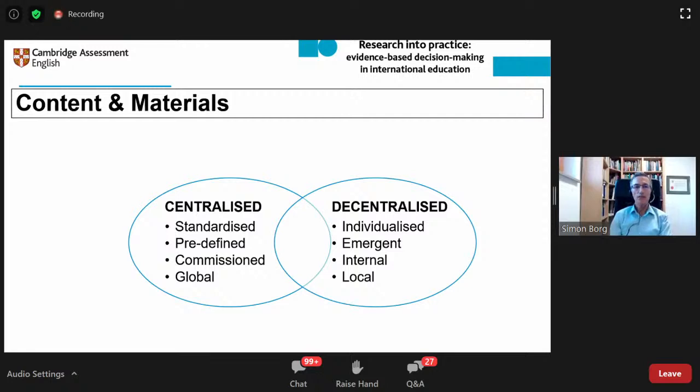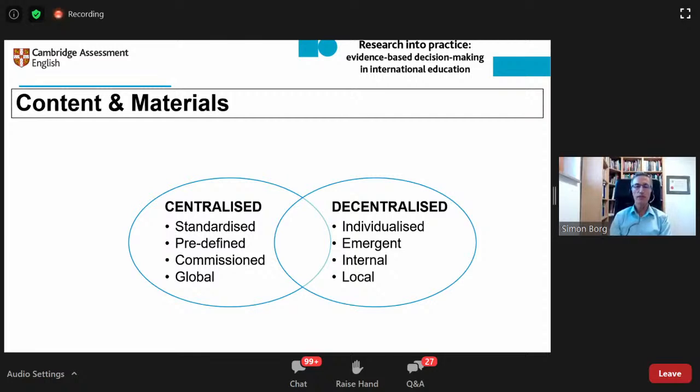One obvious implication, for example, is budgetary. If you want standardized, predefined, commissioned materials that are being written to high specifications, there is a cost attached to that. On the other hand, if you're asking local trainers to develop materials in an ongoing manner as part of their work, that can be less costly.